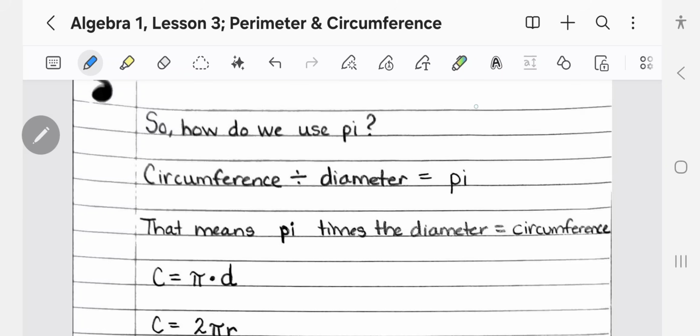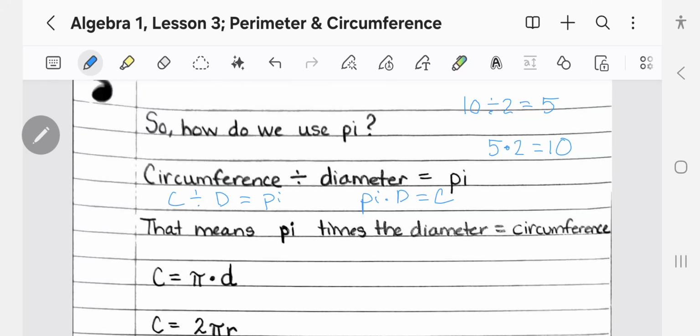So let me give you another little example up here. If I said 10 divided by 2 was equal to 5, then I would know that the reverse of that is true. 5 times 2 is equal to 10. So since our circumference divided by our diameter is equal to pi, then we know that pi times the diameter is equal to the circumference.